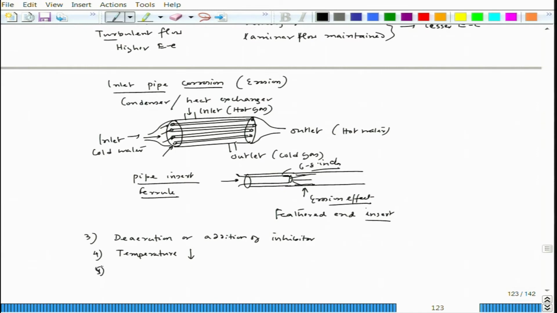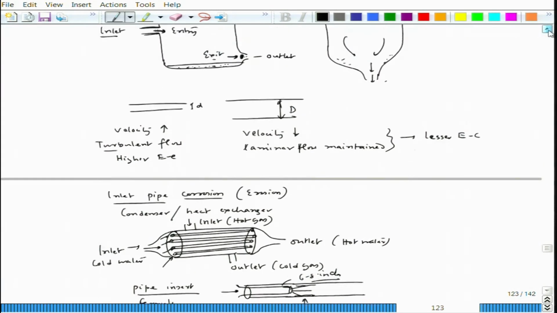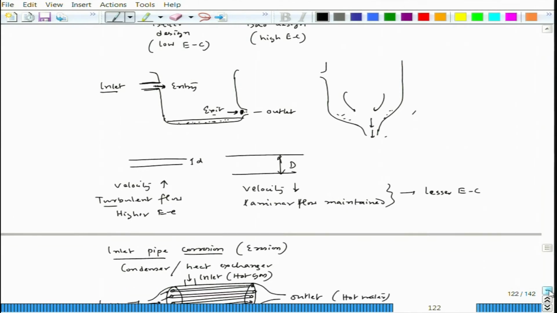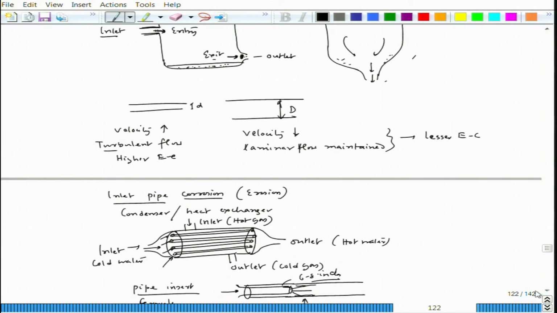Fifth is, of course, if we consider this particular design, clogging happens if we have a lot of dust particles in the water flow. Now, if we have a filter plant before the water enters into the main operation, that filtering process can reduce the erosion corrosion effect to a great extent, because it filters out all those dust and dirt particles.